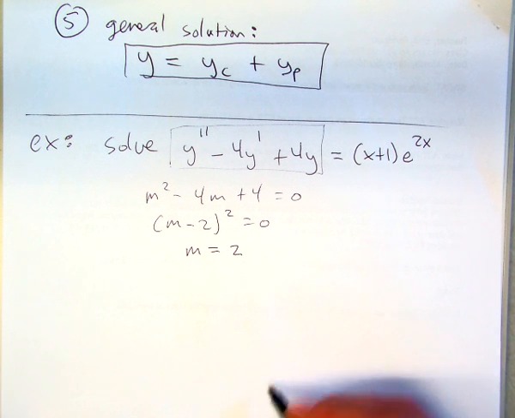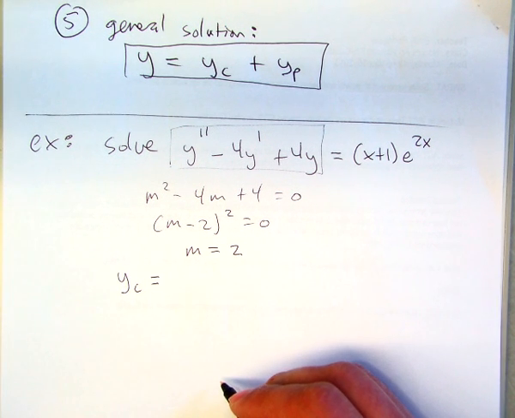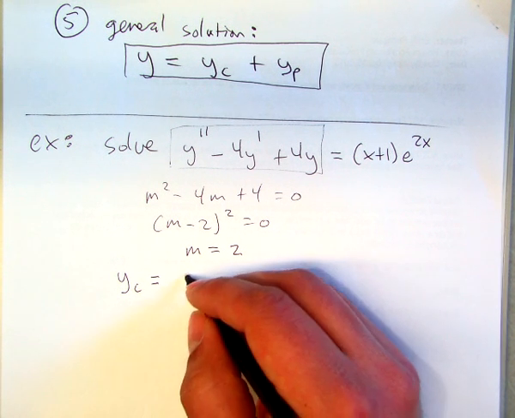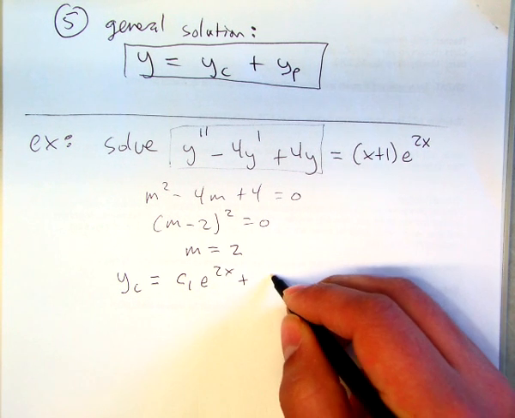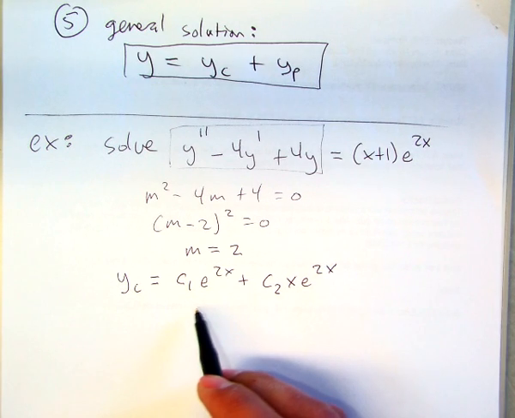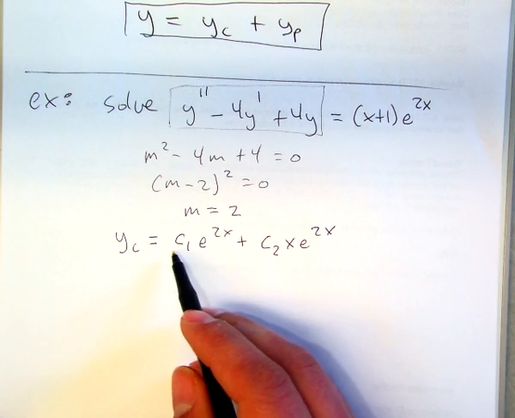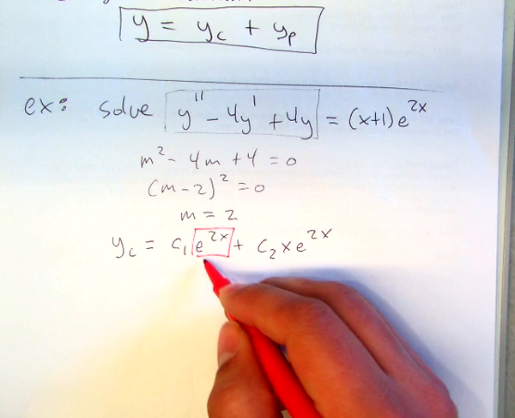So what does our complementary solution look like? Yes, plus. Good. So here's our complementary solution, and here is y1, and here is y2.